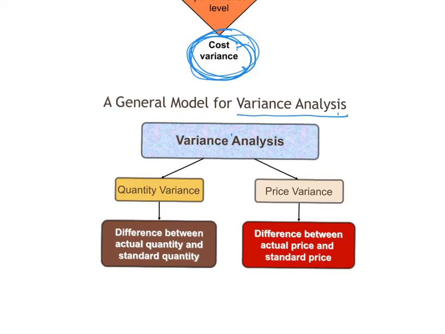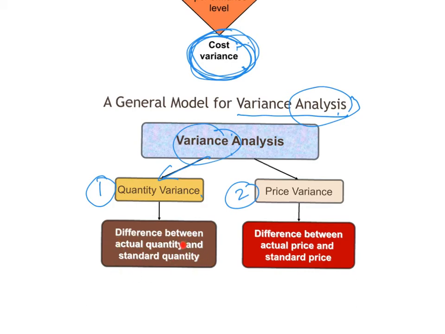When you do the analysis, you will discover that the variance could be due to two different reasons. Number one is the quantity variance, and number two is what we call the price variance. This is what will create the difference or the variance in cost. Quantity variance is the difference between actual quantity and the standard quantity.